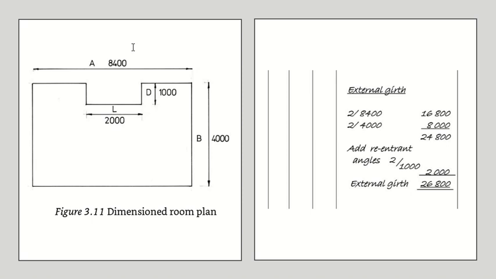Okay, now you look at the right hand side and tell me what will they do. Explain. They multiply A plus multiply B. You haven't read the 2 seconds rule yet, I told you. A multiply by 2 plus B multiply by 2 will give me the external girth. Okay.